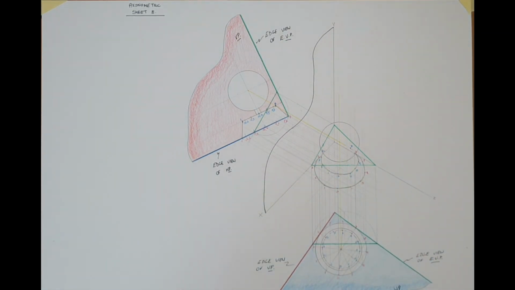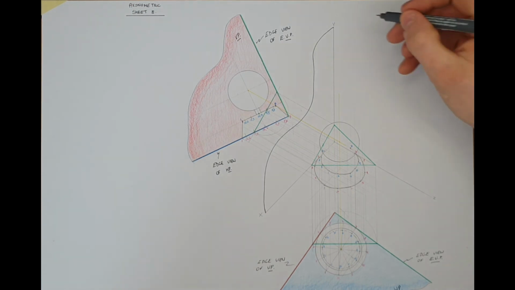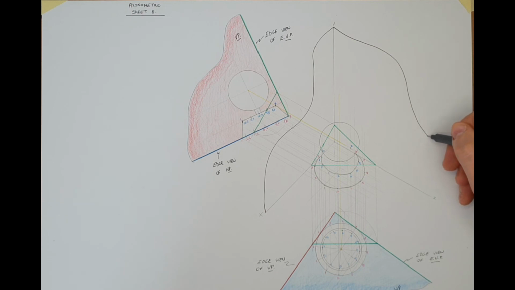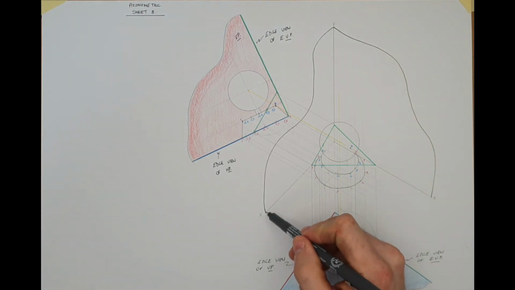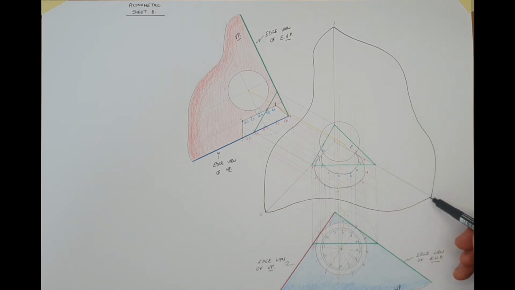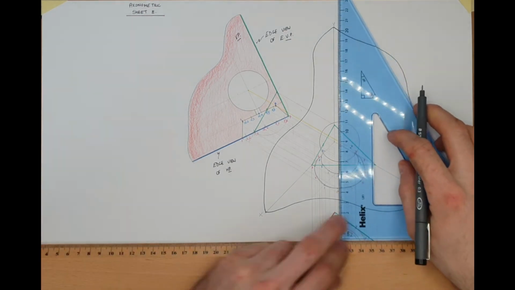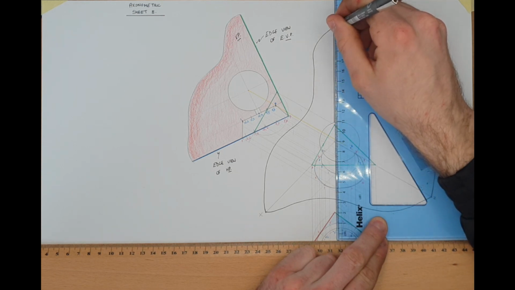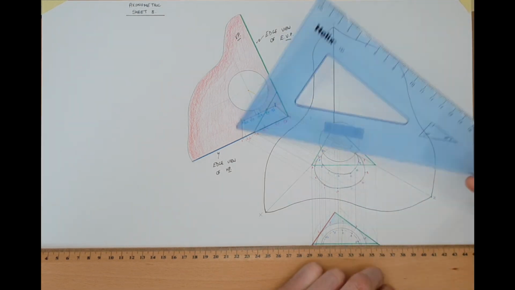It's invaluable to put a limit on these planes, even though we know the planes are of unlimited size. They're sized to suit the object. So in this case, the object for me is quite small. If we decided to change it up and draw something really large, the planes adapt to suit the size of the object. So I think it just looks so much better to put a limit on those planes.